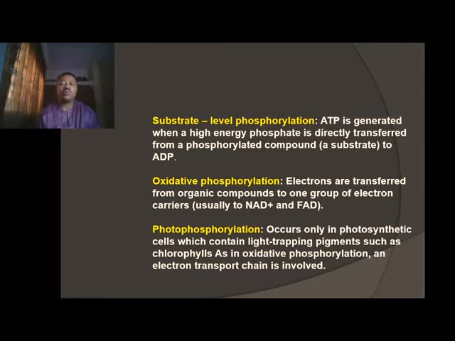But we must note that what traps the energy initially is light, the chlorophyll that traps it in the form of light. So photophosphorylation occurs in photosynthetic cells. These are the three major mechanisms by which ADP becomes phosphorylated for the formation of ATP.